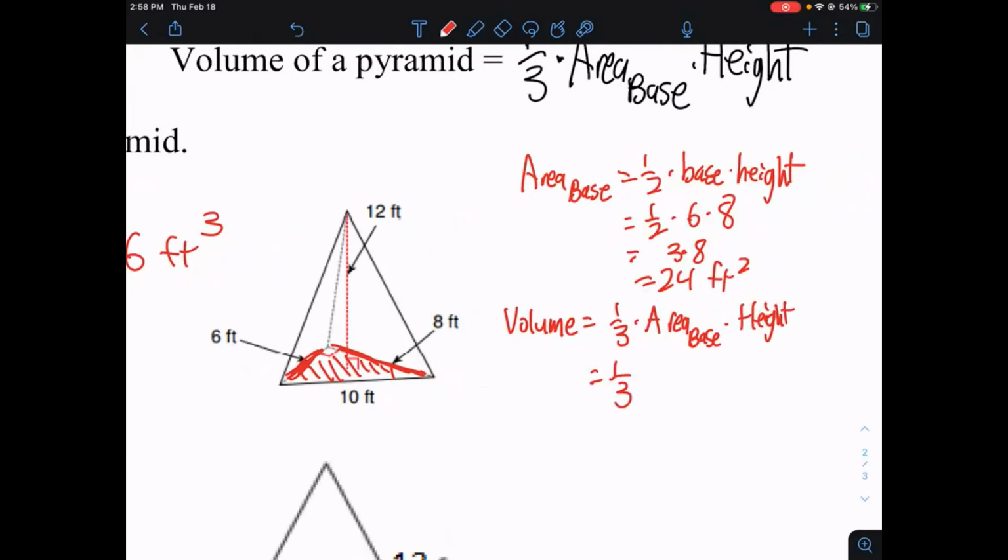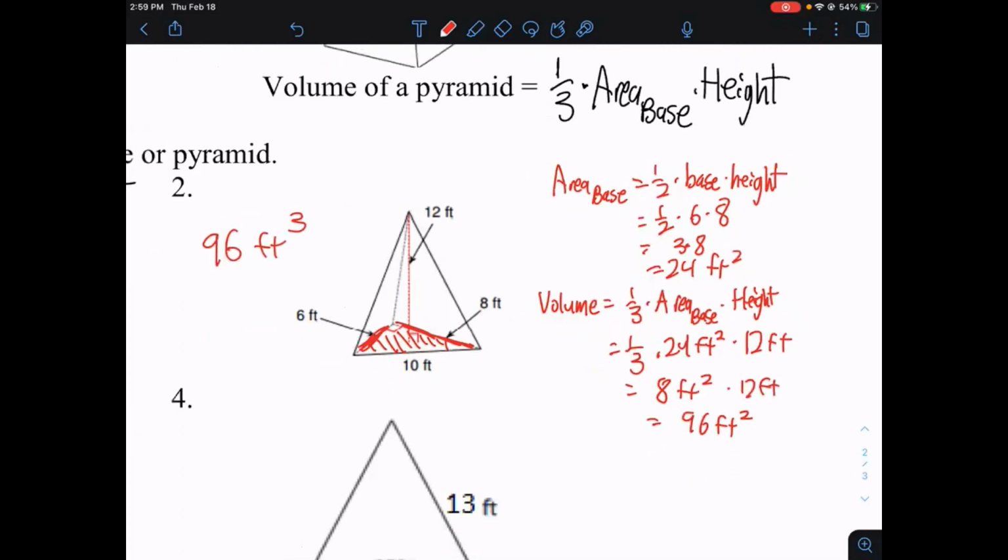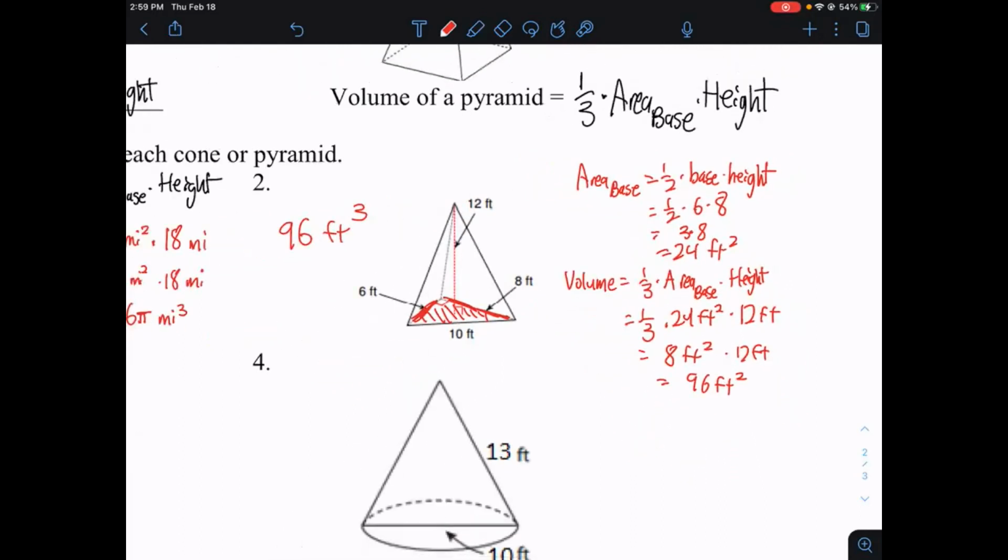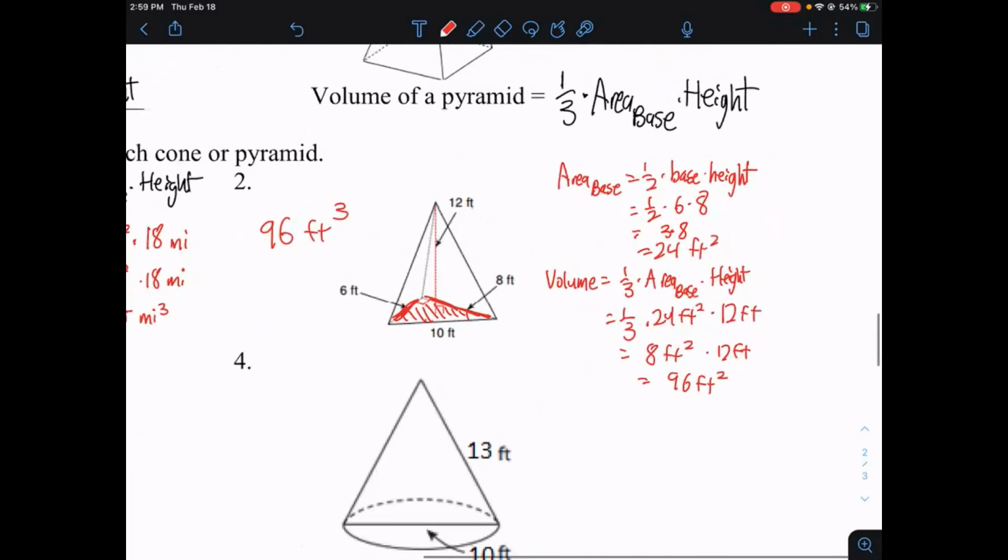So 1/3 times the area of the base we just calculated, 24, times the height of the whole thing, which is 12. Any questions about this one?